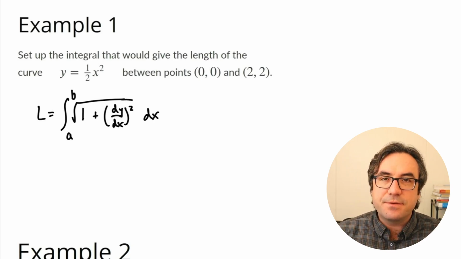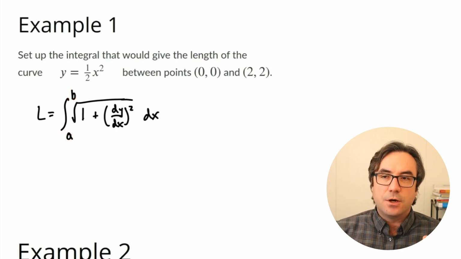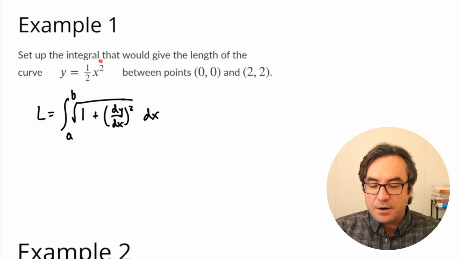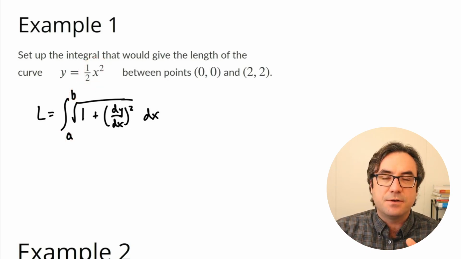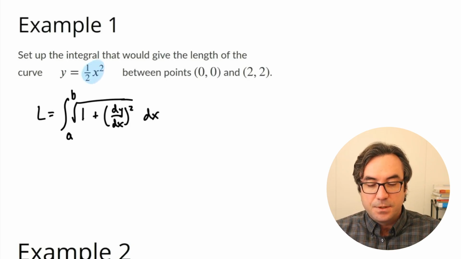So there's a few things we have to do. We have to first figure out what the limits of integration are going to be. In this case, our function is given in terms of x, so x is the main variable.